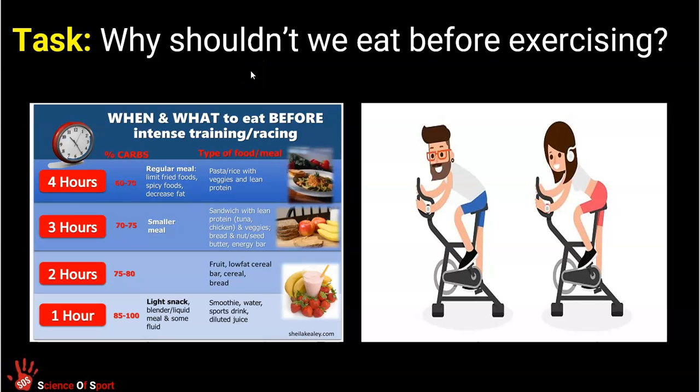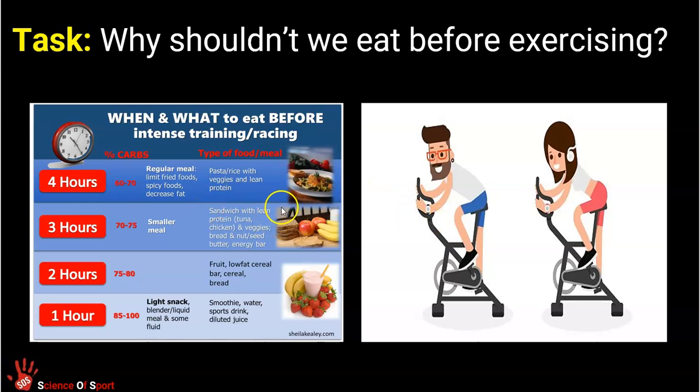Or does your brain send the blood to your muscles so that you can contract and make energy there, in which case your digestive system doesn't get the oxygen it needs to digest the food, and the possibility is that you feel unwell and you might lose your food? So that's partly why we don't eat too soon before we exercise.